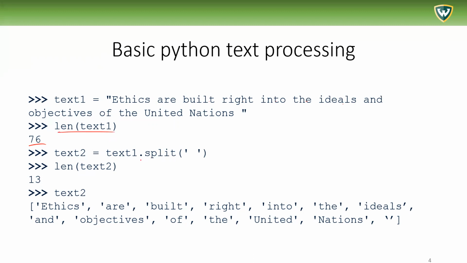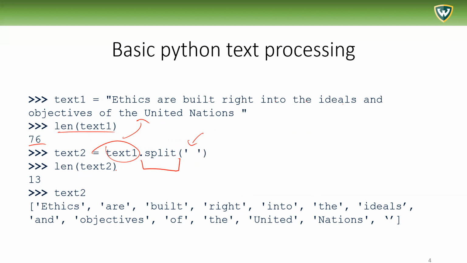Now, if we use this split function here, it's a primitive function of the string data type. So text1 is a string, and we can split it. And what goes inside the split function is what you want to split by. You could split on a comma, you could split on a colon, you could split on a period, but here we're splitting on space.